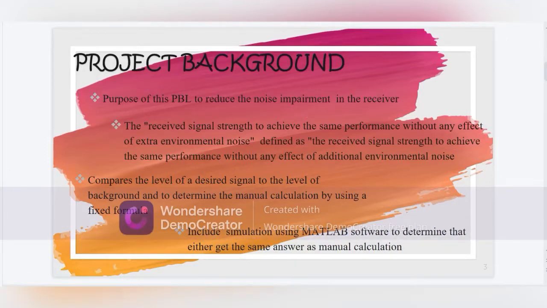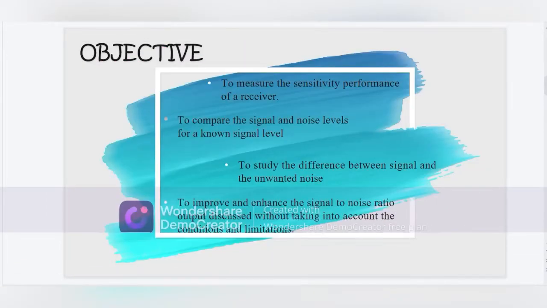Third, compare the level of a desired signal to the level of background noise and determine the manual calculation by using a fixed formula. And last one, include simulation using MATLAB software to determine whether we get the same answer as the manual calculation. Next, objective.